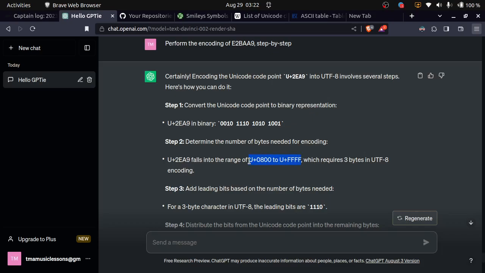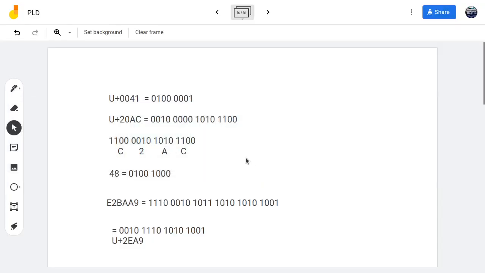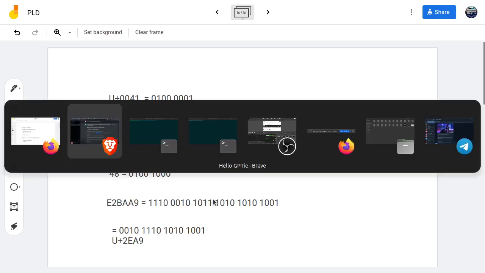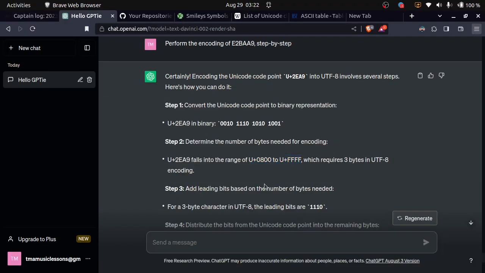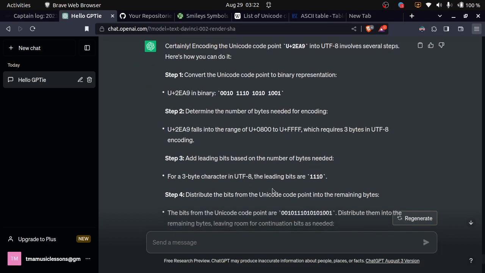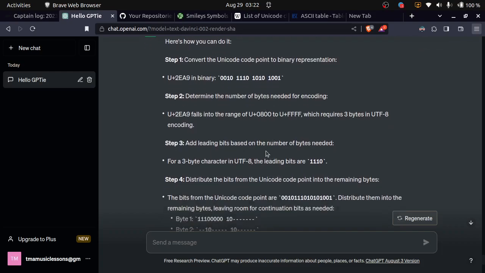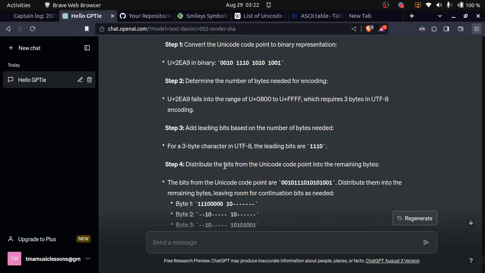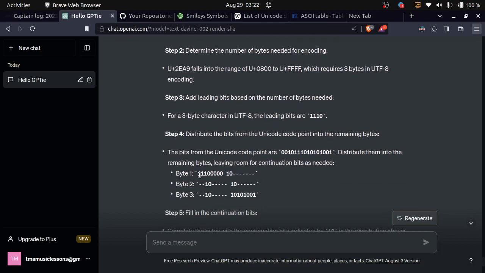Then add leading bits based on the number of bytes needed. He's doing it both ways. So he took it back to here and took it to this place again. So 1110 was not the one we removed before, and continuation by 10.